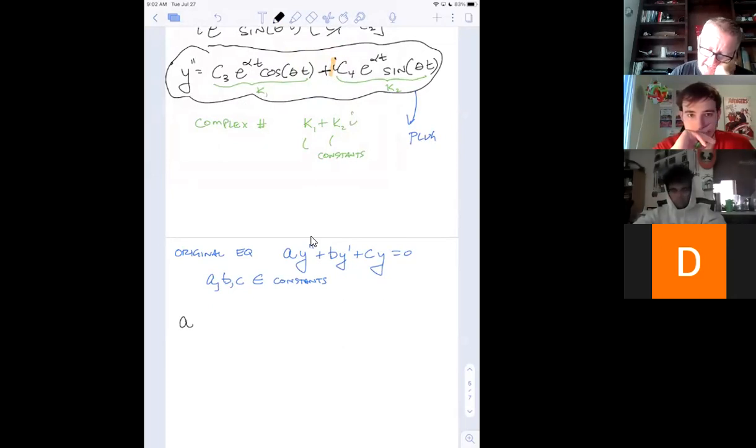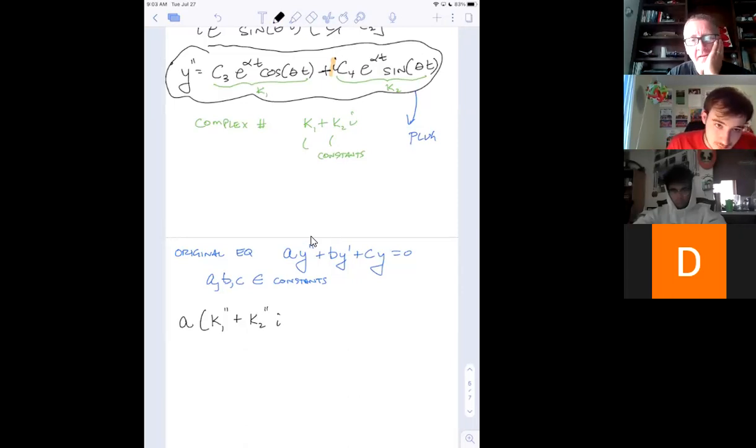Well, wouldn't I have to take K1's second derivative plus K2 times its second derivative, but then there's an I along for the ride. In other words, I'm just going to say I'm going to do it without doing it.